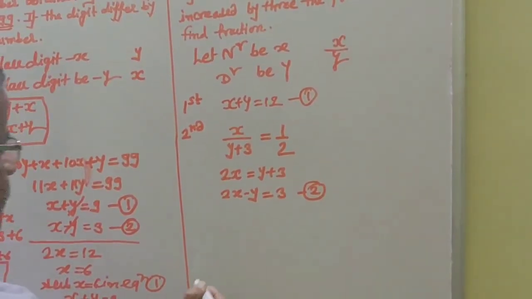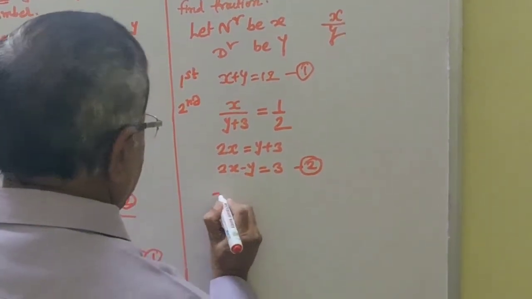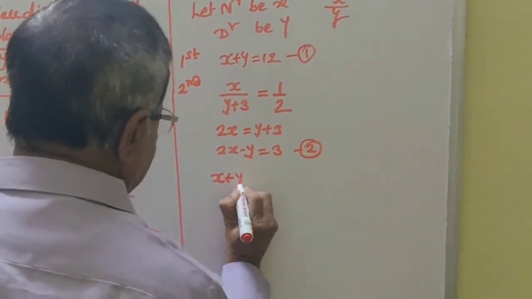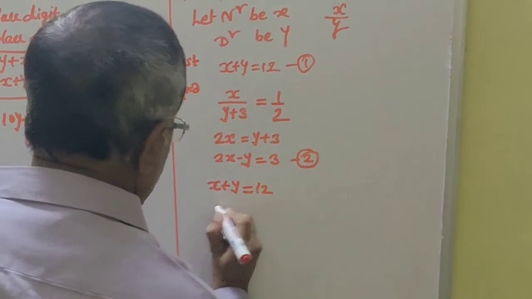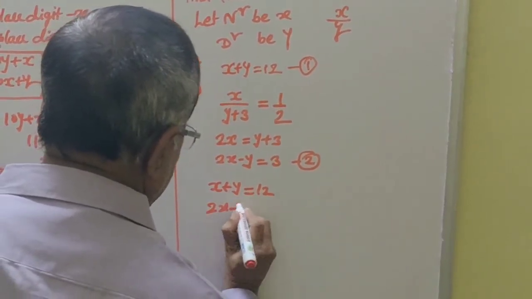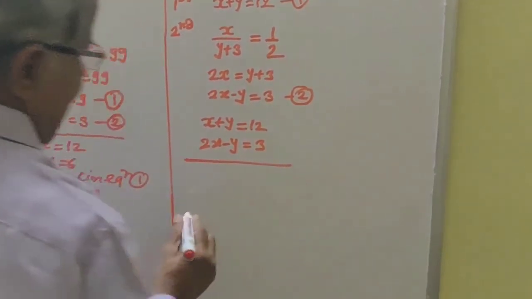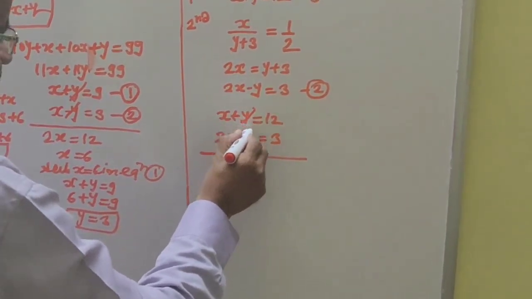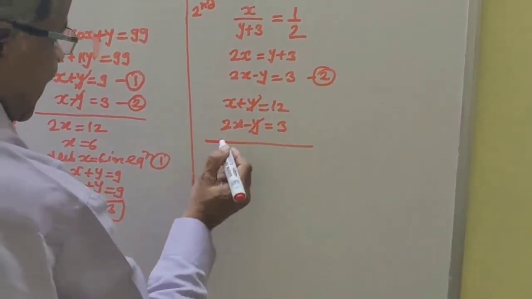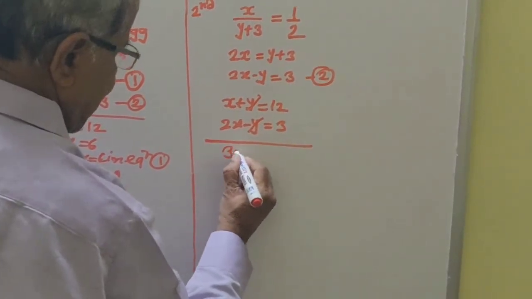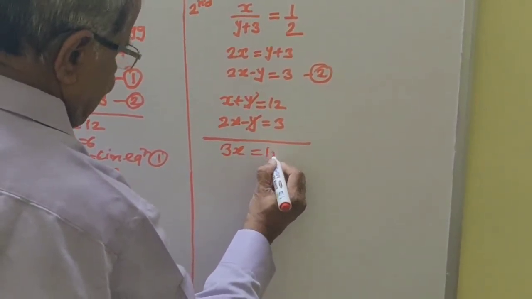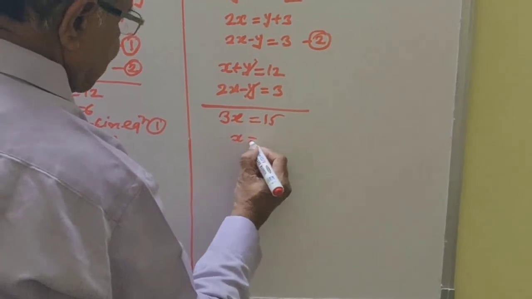Now I will write down the equations one by one and solve by the elimination method. So I will get 2x minus y is equal to 3. Now I will write down the other equation. Here there is already plus y, and y minus y will get cancelled. What I will get is 3x is equal to 15. So the value of x is 5.